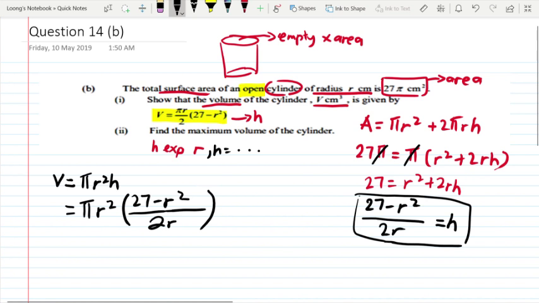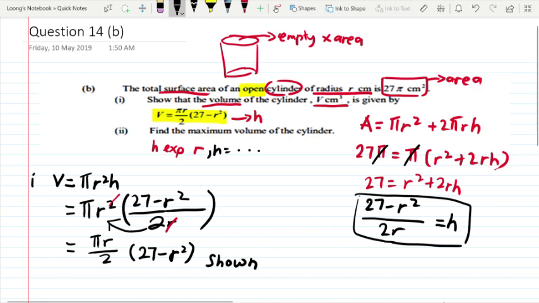And so we could cancel out the r with another r, and we just expand this equation. Or we just follow what they need, which is πr over 2, where we pull out the 2 from here, and what we left is 27 minus r², which is the same. And now we have already shown, as always, write the word shown.